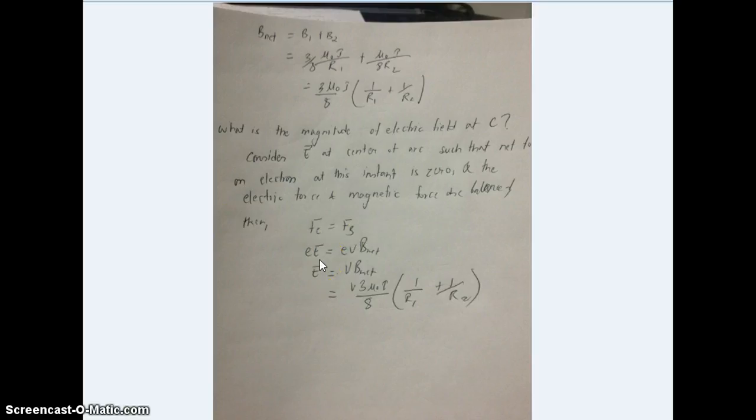Putting in the formula, small e times capital E equals e v B net. The e gets cancelled out, so E comes out to be v B net, and we already calculated B net, which we just plugged in here. So the magnitude of the electric field at C comes out to be v times 3 mu naught I upon 8, bracket 1 by R1 plus 1 by R2.